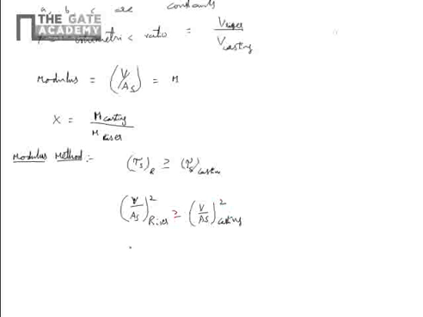V by AS is nothing but modulus, so modulus of riser is greater than or equal to modulus of casting, typically 1.2 times MC. Substituting these values, you will get the diameters. The concept of design is to calculate the optimum diameter of the riser, so that it solidifies later than the casting.